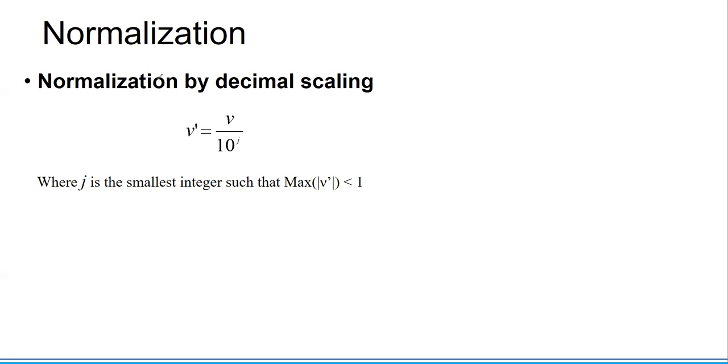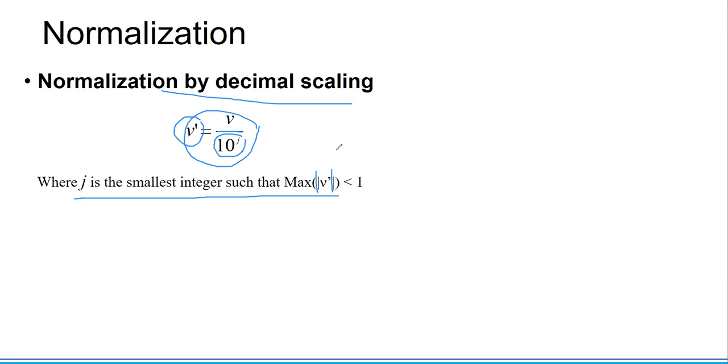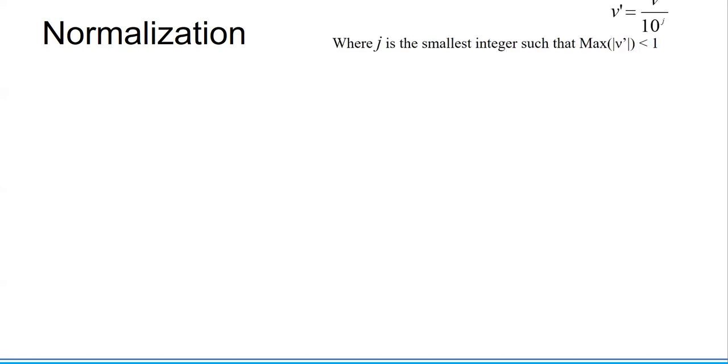For normalization by decimal scaling, we have this formula: P prime, the new value, will be P divided by 10 to the power of J. J is the smallest integer such that the maximum of the absolute of the new value is less than 1. So this is the formula.